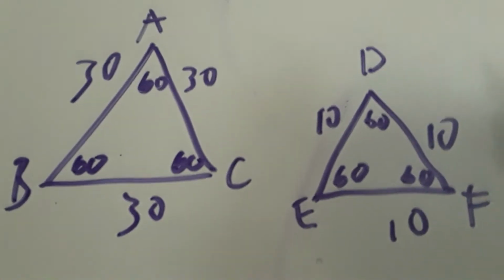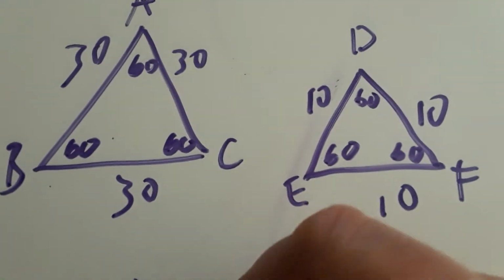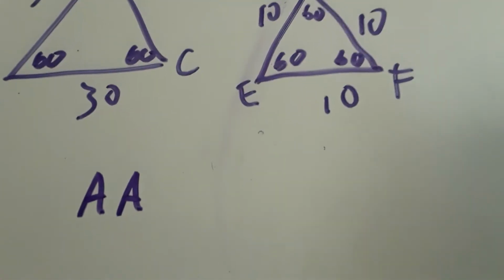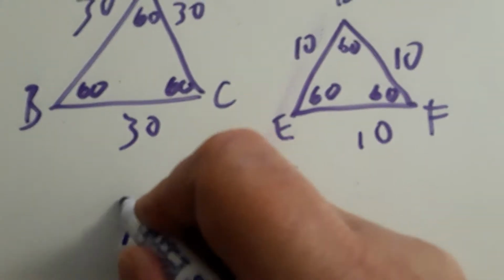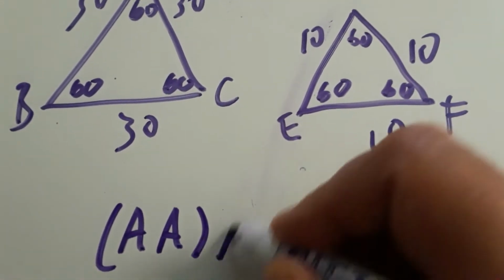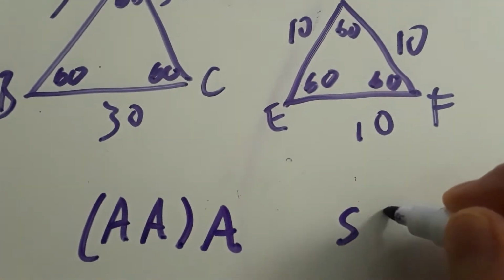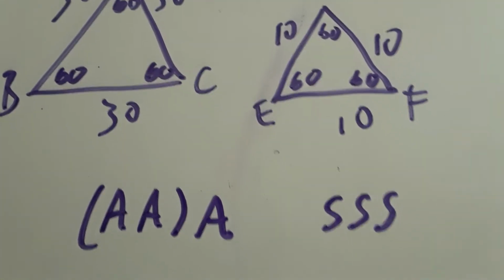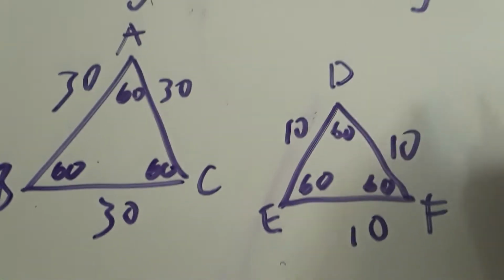And I'm going to call this AA, because if two angles are equal, then by definition, the third angle is equal, and also automatically the three sides are going to be proportional, or produce the same scale factor.